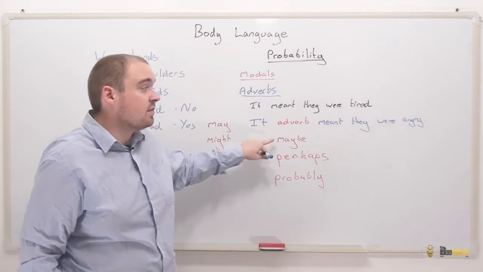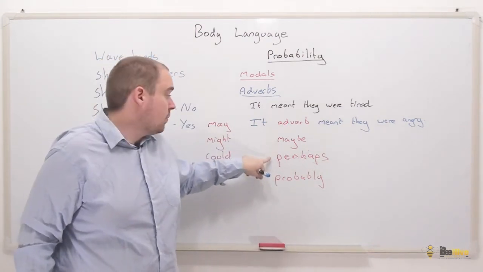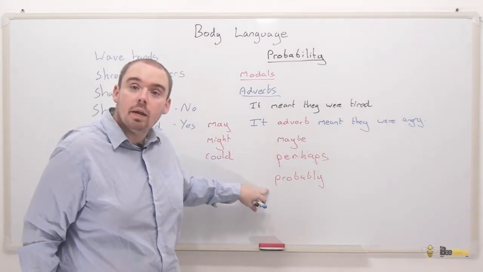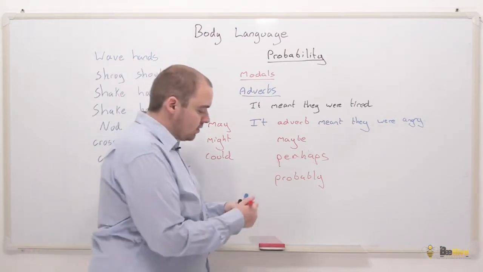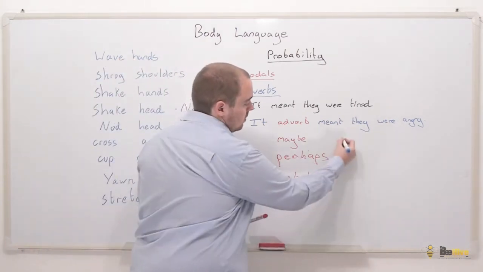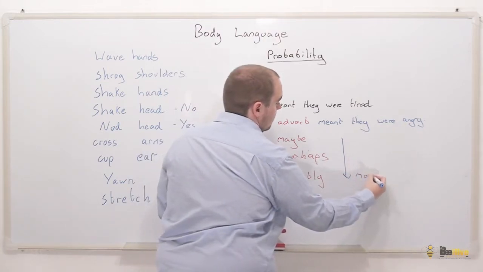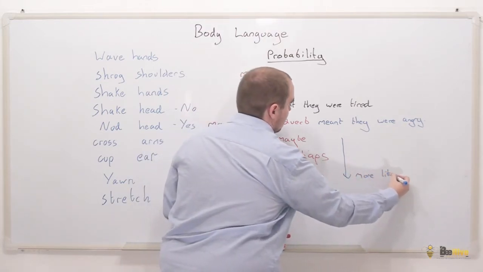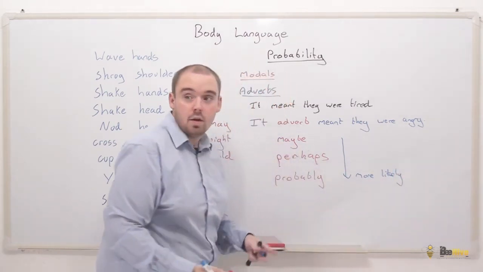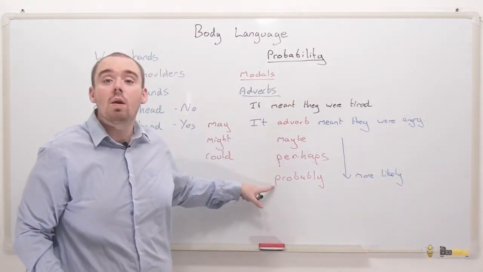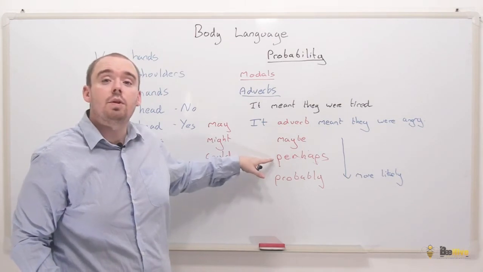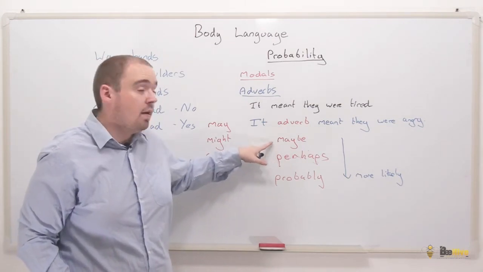Okay? So here we can say maybe, perhaps, or probably. And these all, if I put an arrow, more likely. Okay? So this is more likely than this, which is more likely than this.